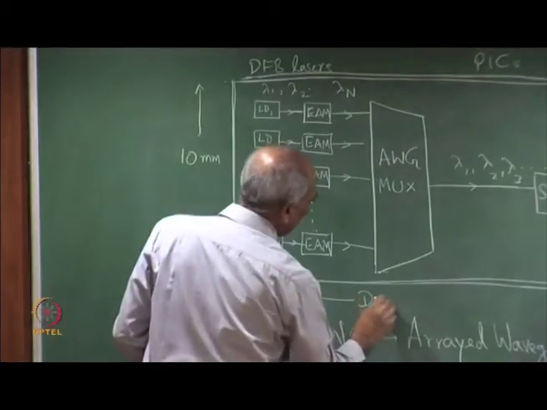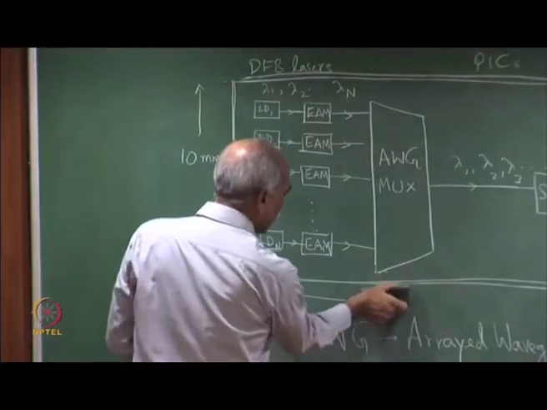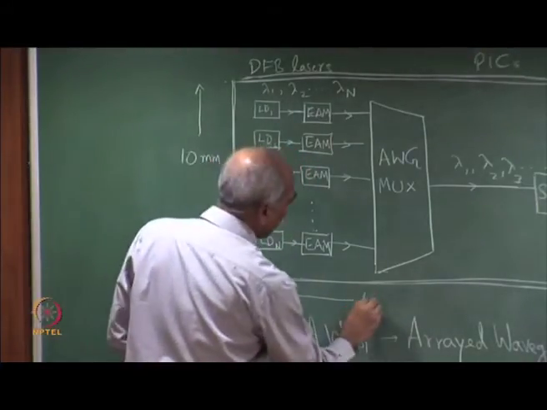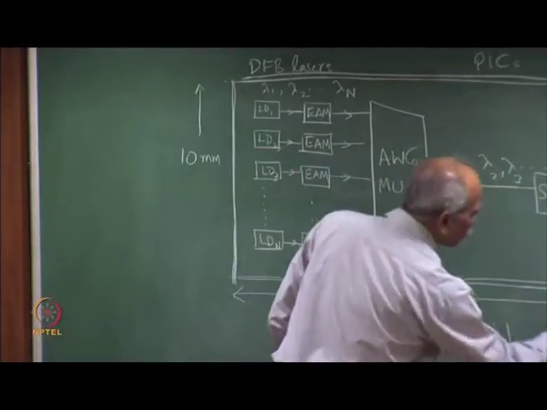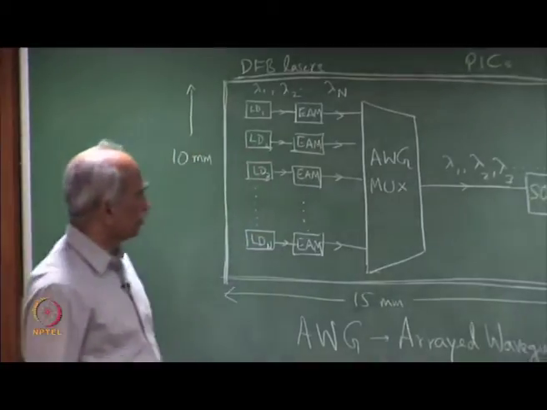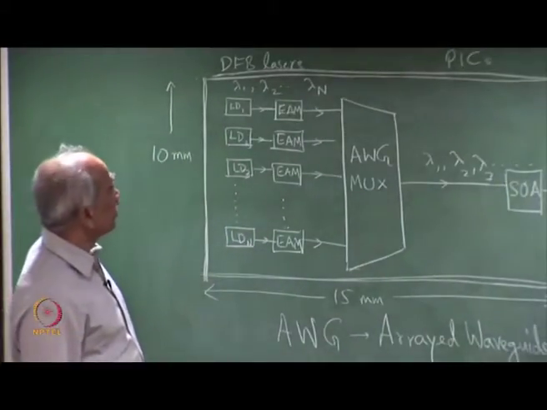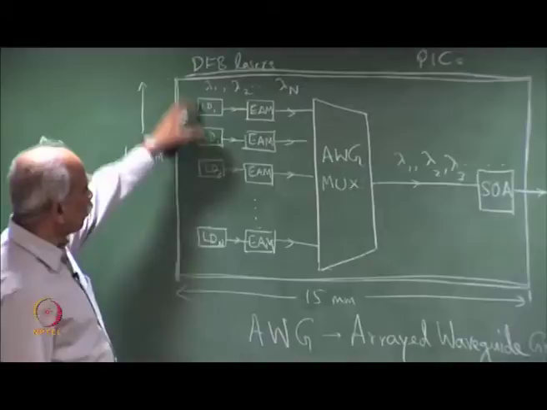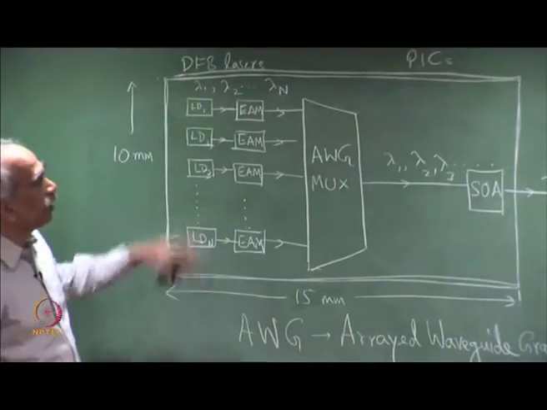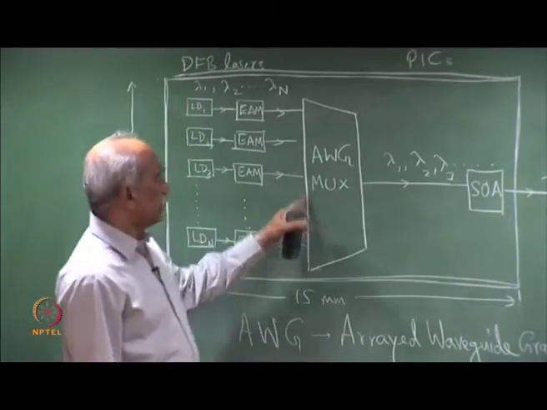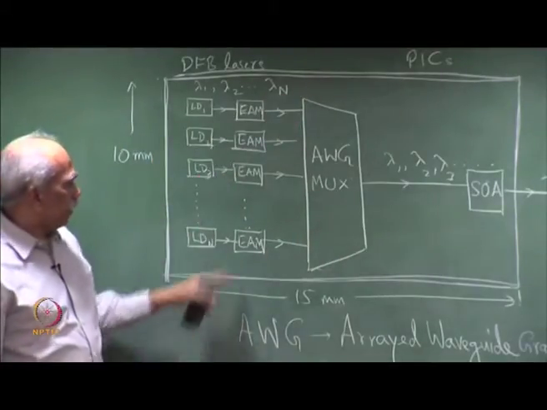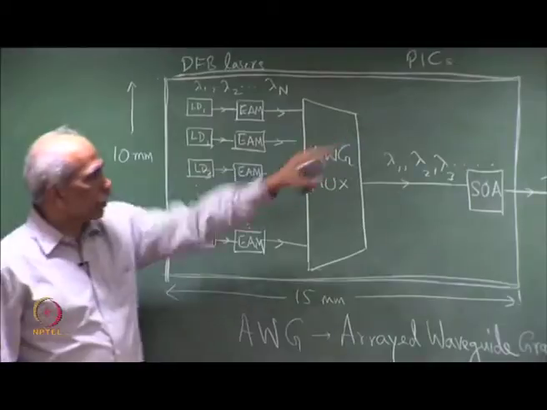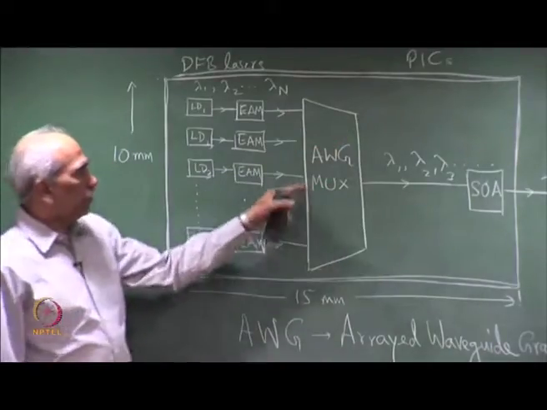So, 10 mm by 10 mm or 15 mm, that is the kind of dimensions that we are talking of for a PIC. So, this is a PIC transmitter, this is a WDM transmitter, this could be a DWDM transmitter. We have laser diode, the first device there, EAM electro absorption modulators, and of course, multiplexers.